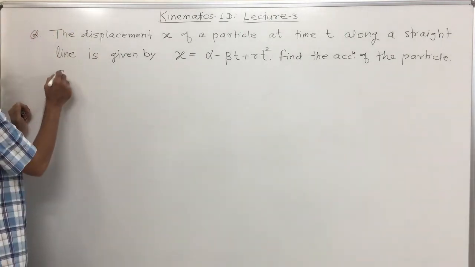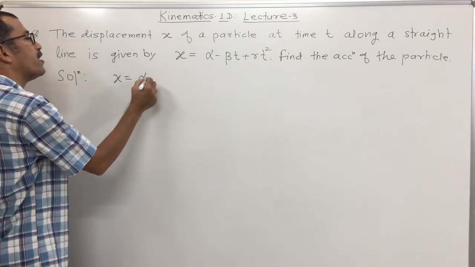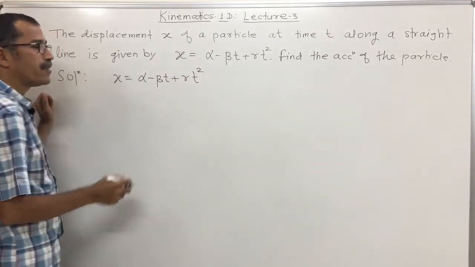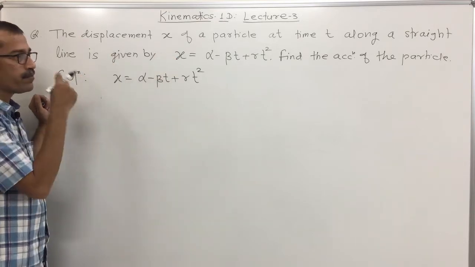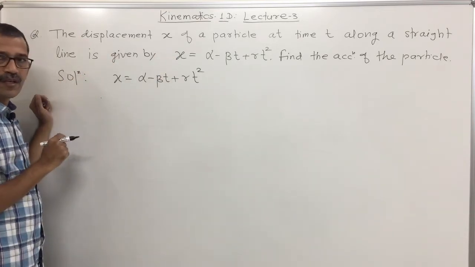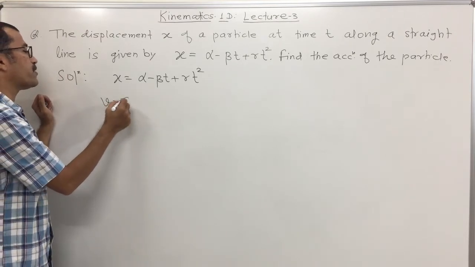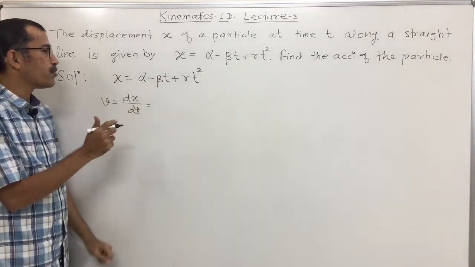Now first we will write the given equation. X equal to alpha minus beta t plus gamma t square. Because we want to find acceleration, first we will get velocity, and again we will differentiate velocity to get acceleration. So velocity is dx by dt. Here you have to concentrate.